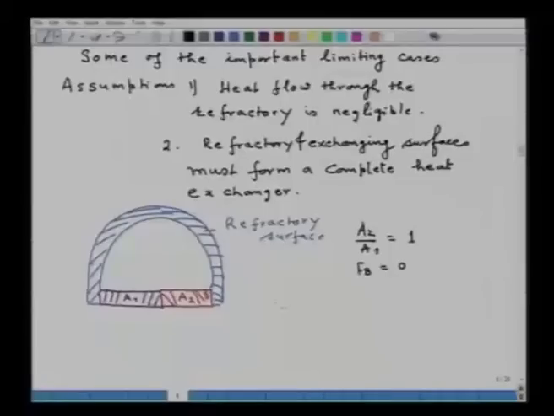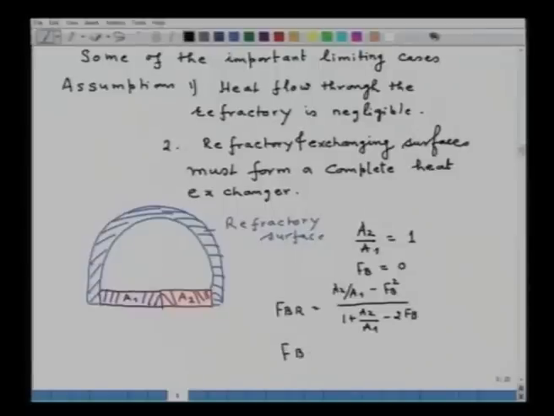So, we can derive the value of FBR using the formula just derived: (A2 upon A1 minus FB square) upon (1 plus A2 upon A1 minus 2 FB). Substituting A2 upon A1 equal to 1 and FB equal to 0, we get FBR equal to 0.5.